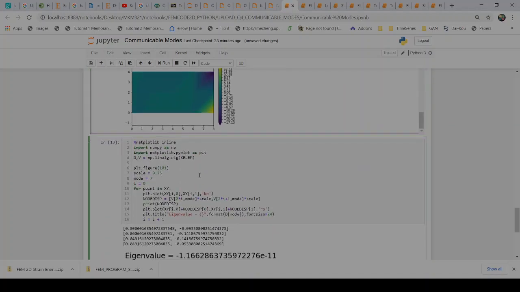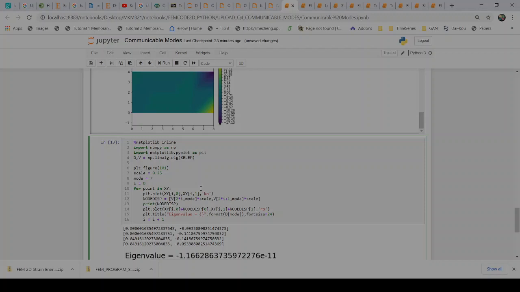I've written a small piece of code that takes this k element, computes the eigenvalues and eigenvectors, and then plots the eigenvectors as nodal displacements. I can choose the mode I want to look at for the eigenvector: modes 0 to 7 for the 8 modes that I have.